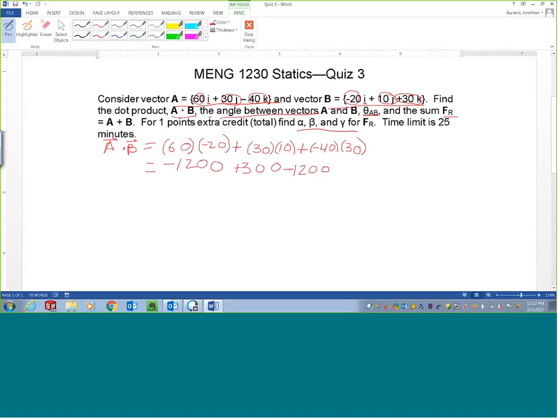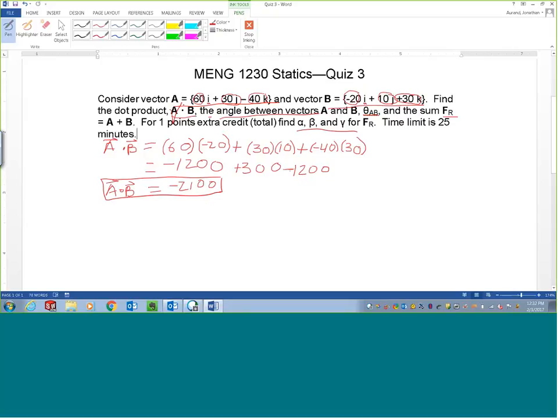So that all means A dot B is negative 2100. And that's our answer to number 1, A dot B.